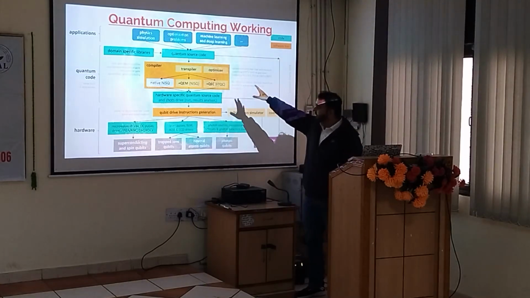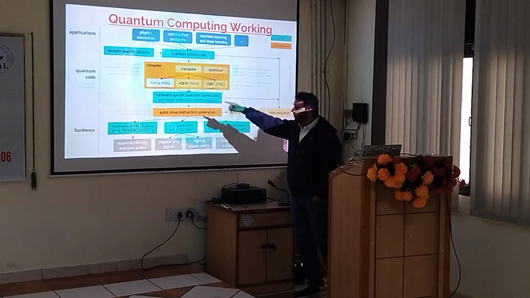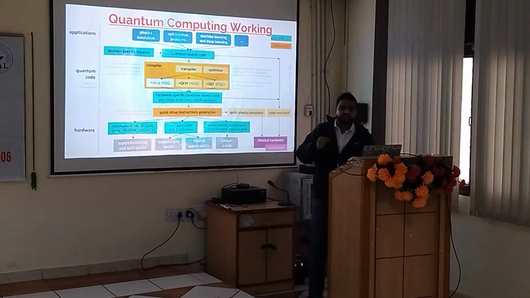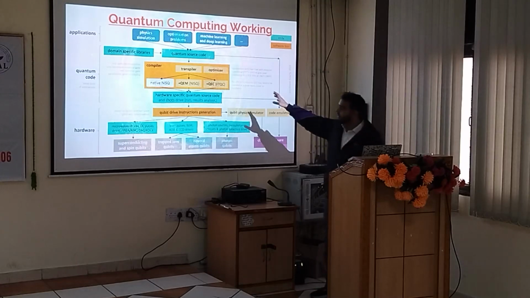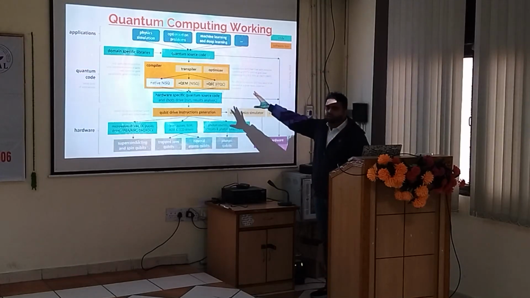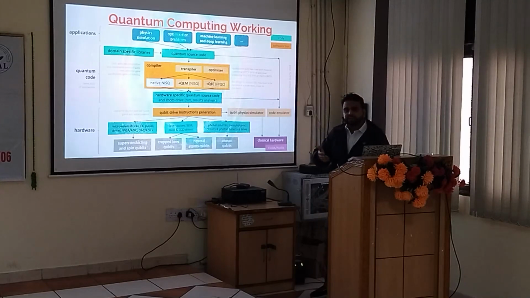All these components are there, where these shots will be run. There are shots when we run the quantum algorithm, depending on the task we have. Once we design it, quantum code is basically a form of a quantum circuit. Okay, so that's what we are going to execute.